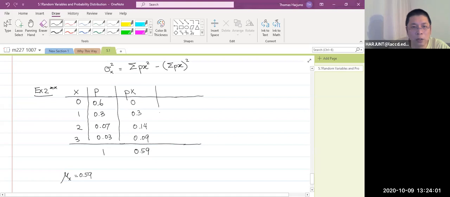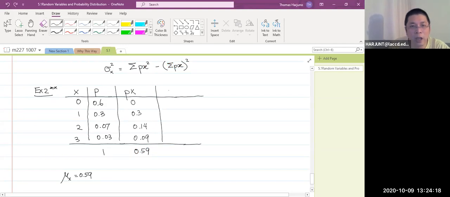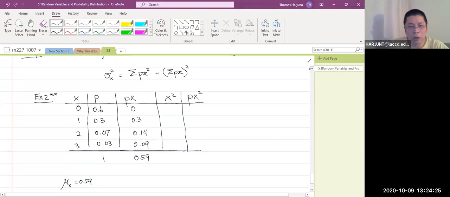Then what will be the variance? Then we need to do another extension. I already have this so far, but I need to get this, right? For me to get that, I need to have x squared first, and then x squared p. I hope if you memorize the procedure you saw in your test, it should not be too hard a transition to do it here.